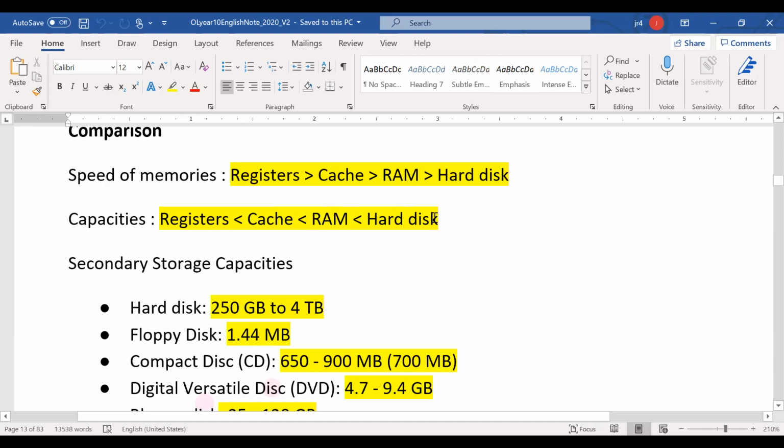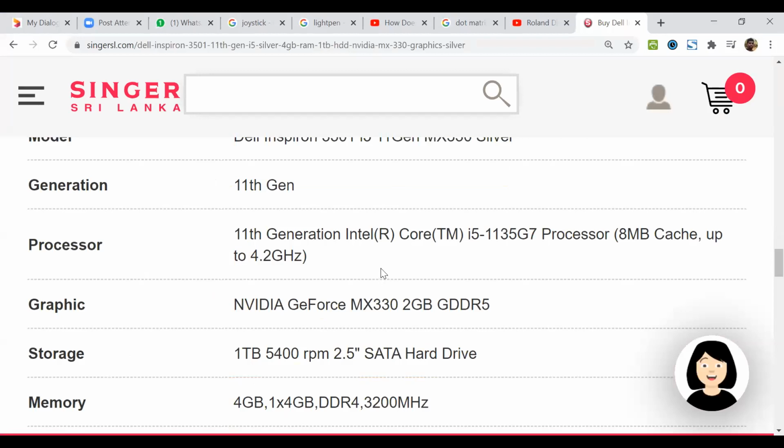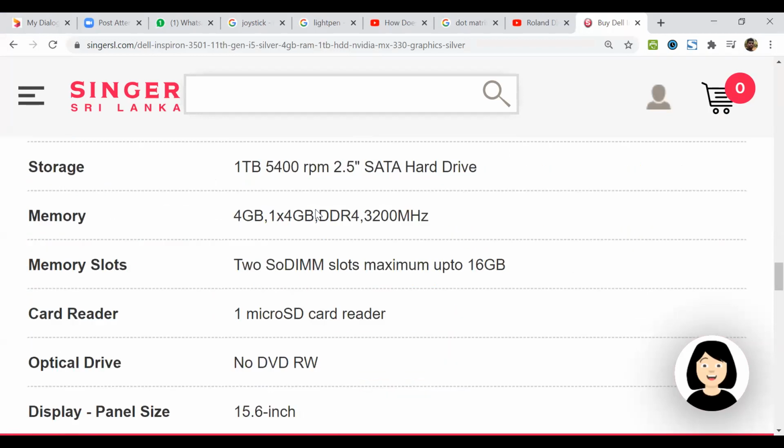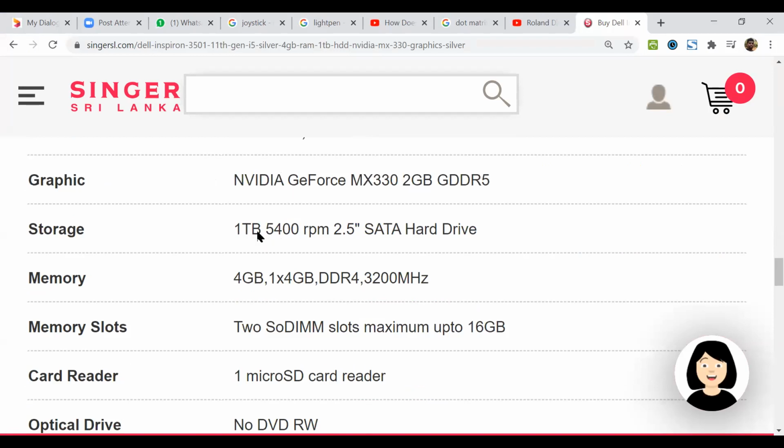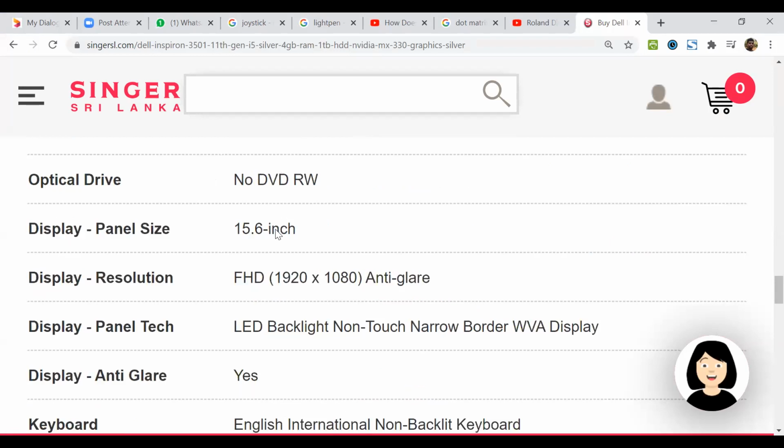So the capacities are increasing, and you will see the same even in this document. It says 8 MB cache. The cache memory size is 8 MB, and then storage is 1 terabyte, and then the memory is 4 gigabytes.